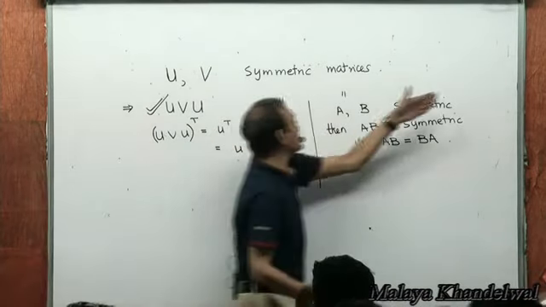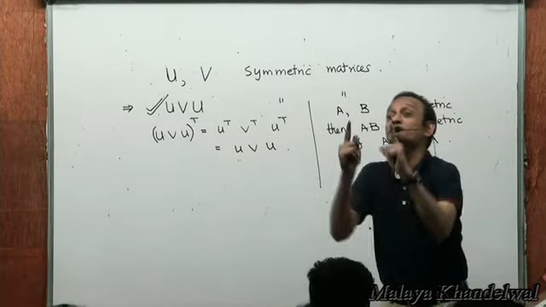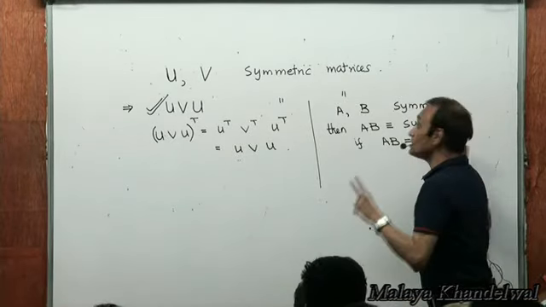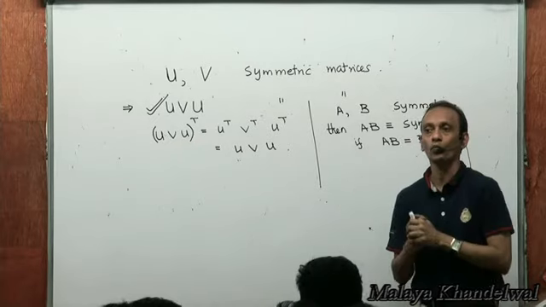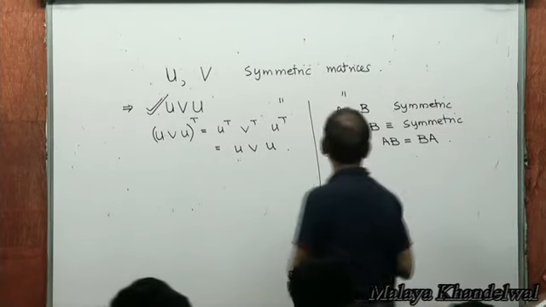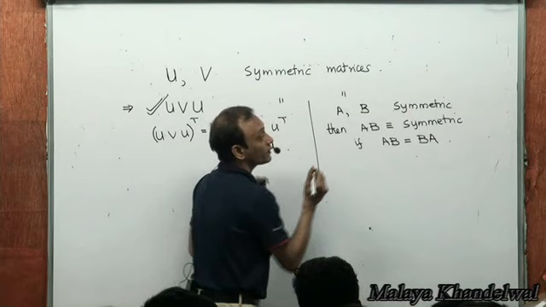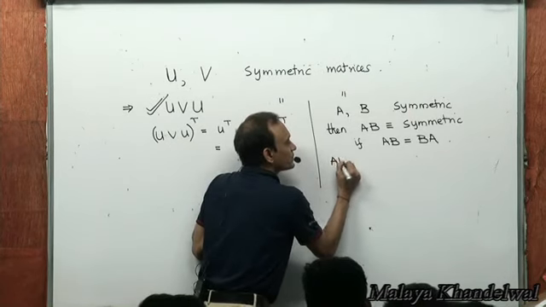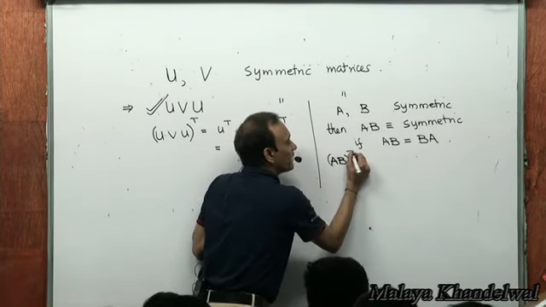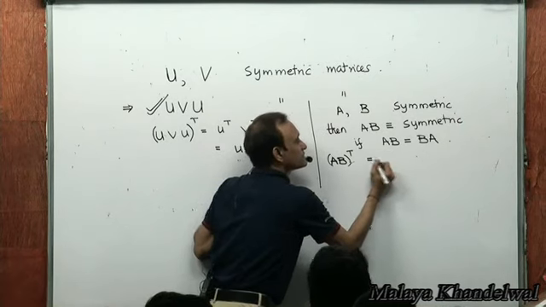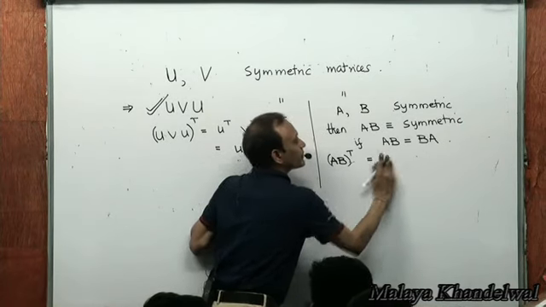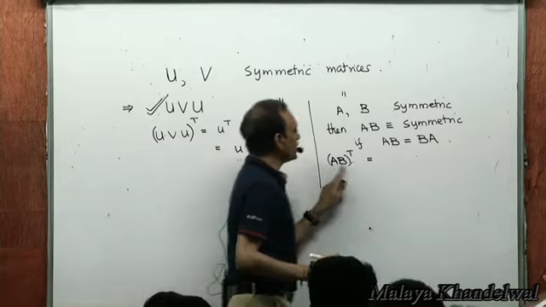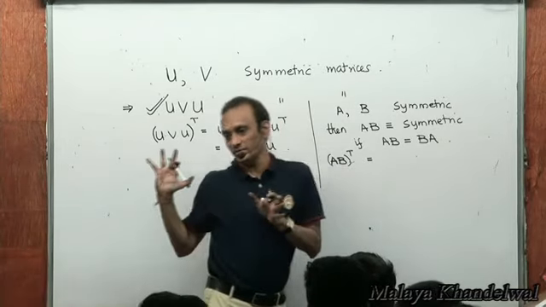So if A and B are symmetric matrices, then AB will be symmetric if AB is BA. Let's see how. Now, when would AB be symmetric? If AB transpose is AB, right? Now, if I can show that AB transpose is AB, then AB will be symmetric.